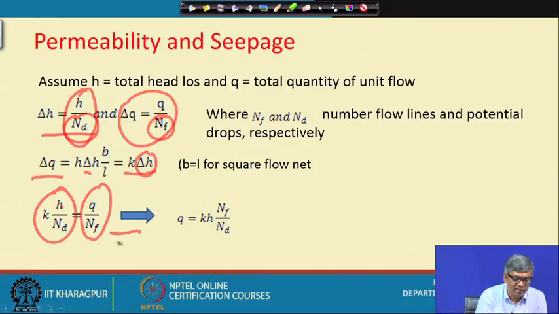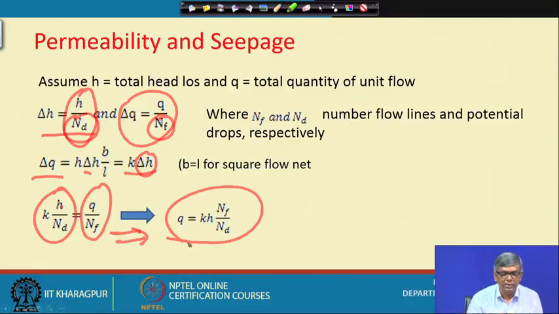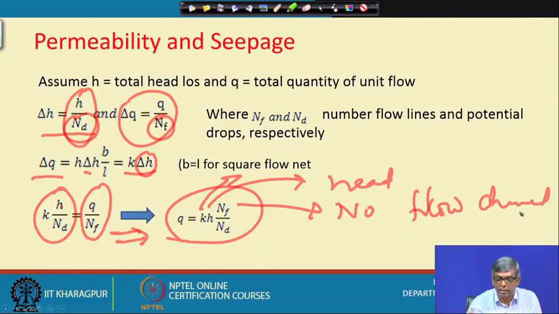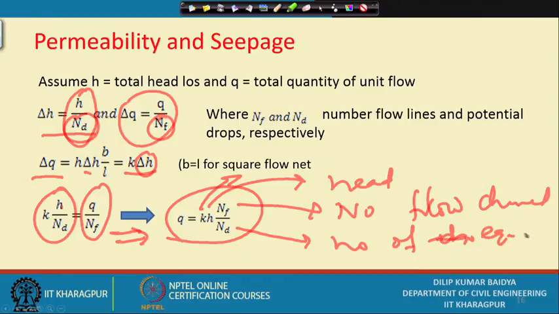If I equate that, that gives you Q equal to k times H into NF by ND, where k is the coefficient of permeability, H is the head loss from upstream to downstream, NF is the number of flow channels, and ND is the number of equipotential drops.